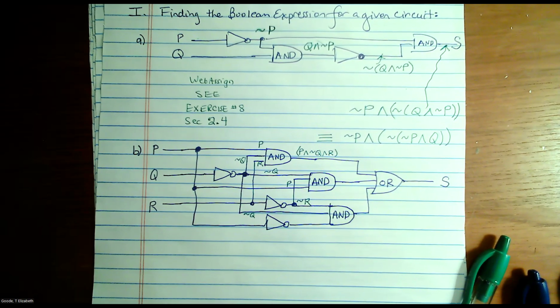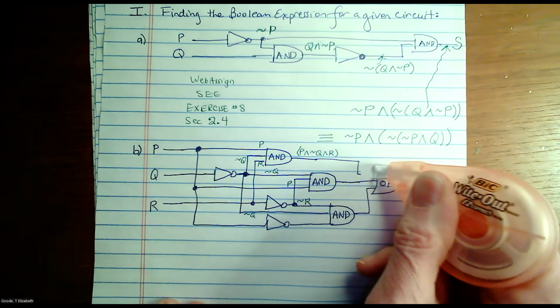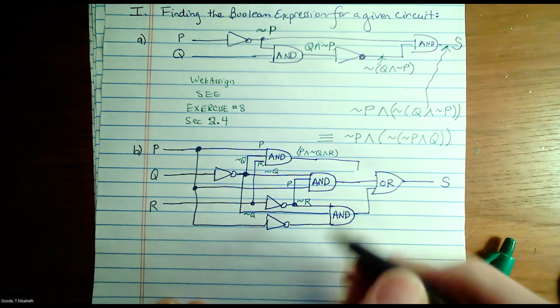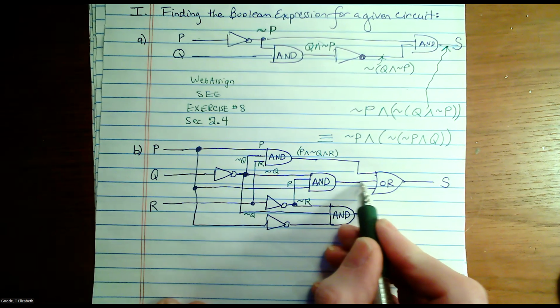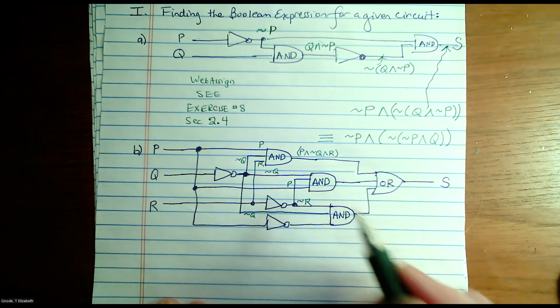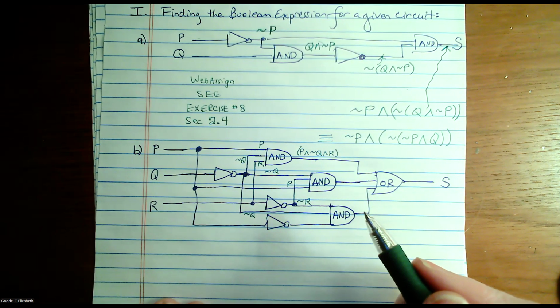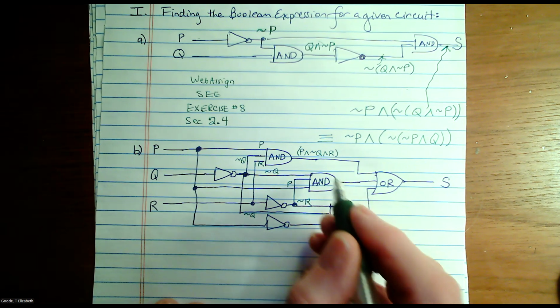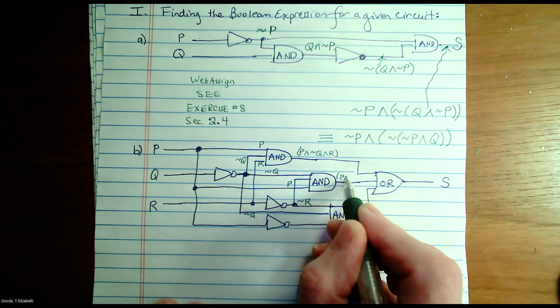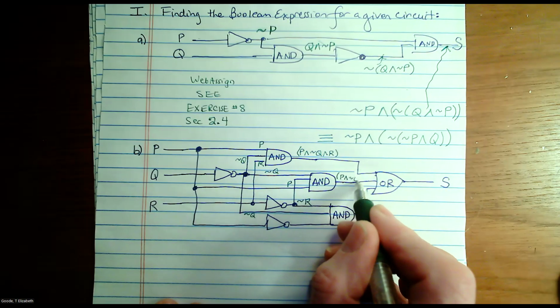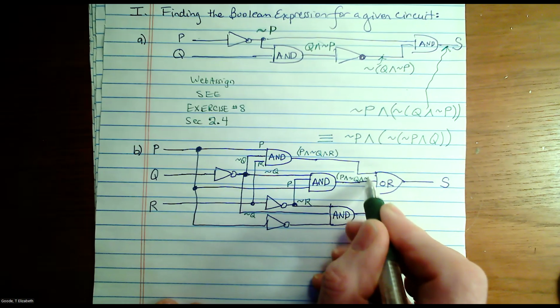So I'm going to lift this wire just a little bit to get it out of my way. What's on this coming out from this middle AND gate? P and not Q and not R. That's right.